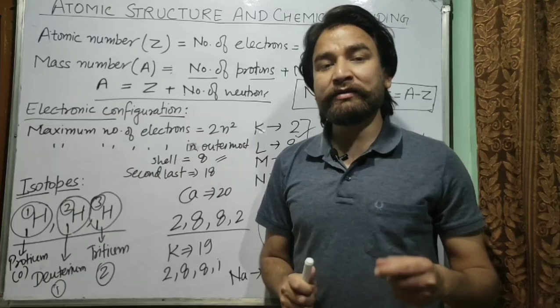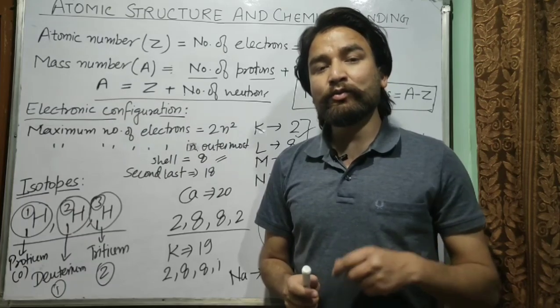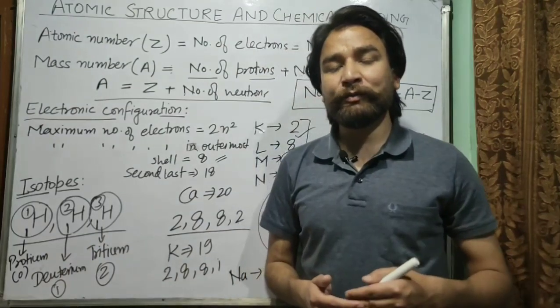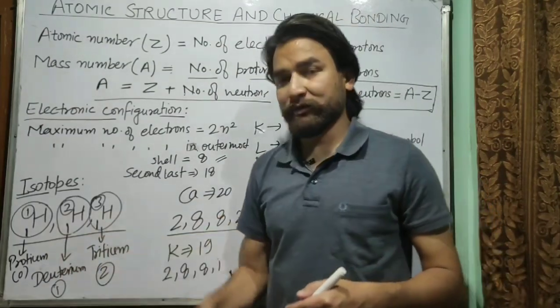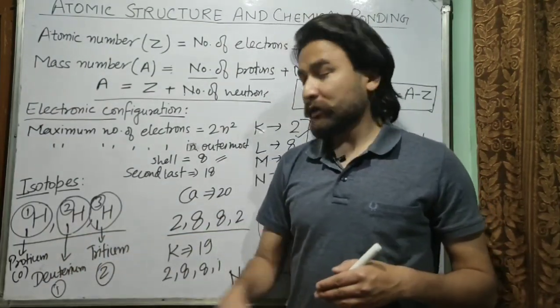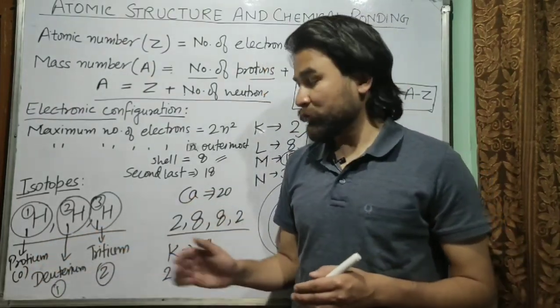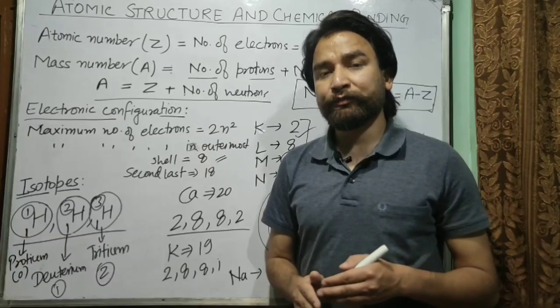Other elements have at least 1 neutron. So protium is the only isotope, and that isotope is of hydrogen, which has no neutron. Other isotopes have 1 or more neutrons.